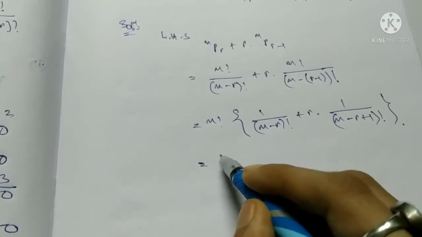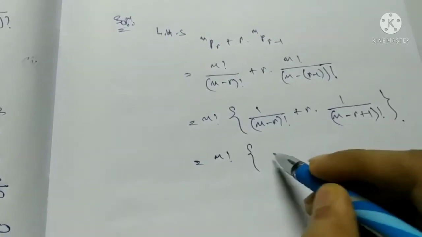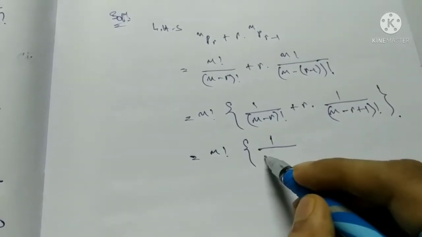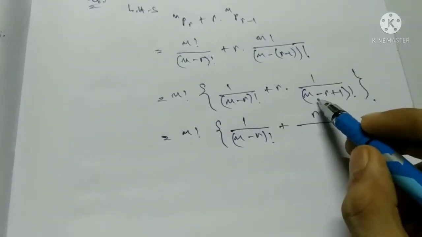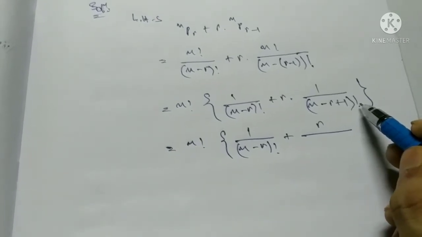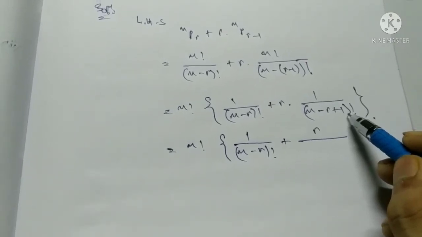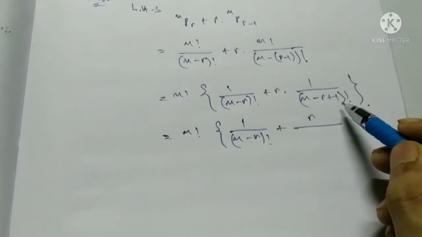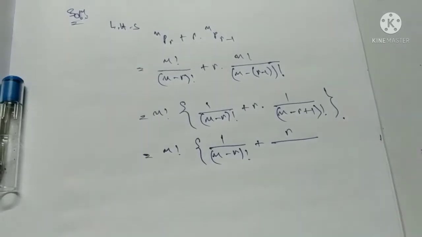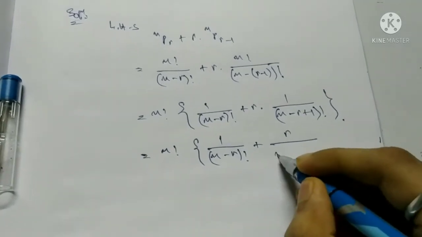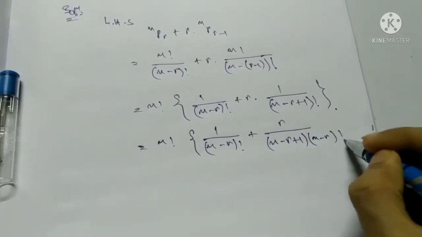Here n minus r plus 1 factorial I will write as n minus r plus 1 into n minus r factorial.